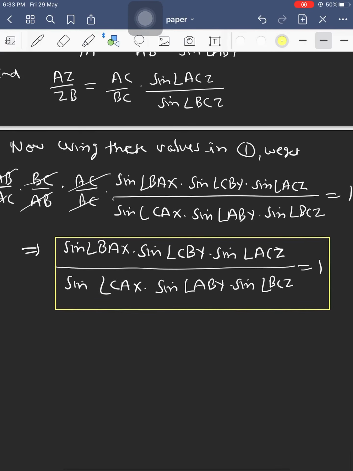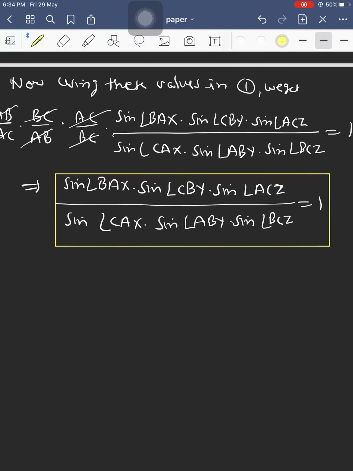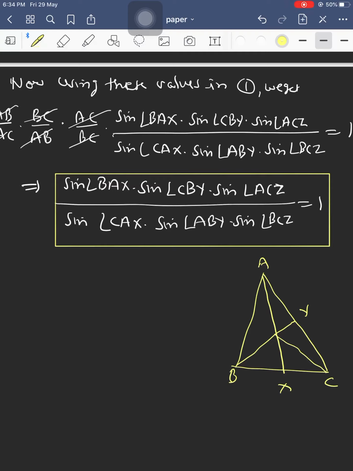And if we want to learn this result, we can use this approach. This is a triangle ABC. AX, BY and CZ are concurrent at point P, and this angle is 1, this angle is 2, 3, 4, 5, 6.